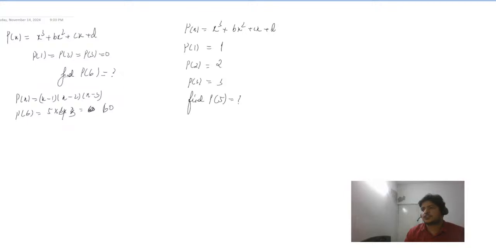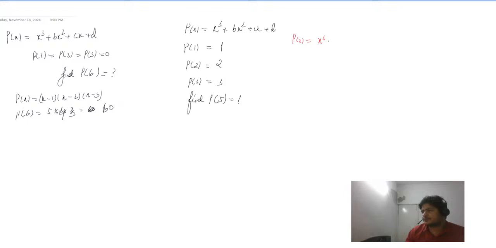Shall we do? So if you are writing this one, here, if you can see, this is P(x) is equal to x cube plus bx square plus cx plus d. Something like this is given, right?